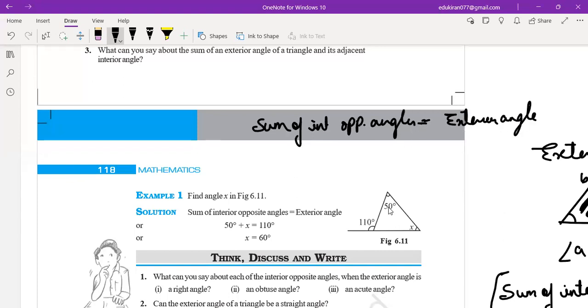So the interior angles are 50 degrees plus x, equals 110, the exterior angle. You will write x only. Then x will be here and it will be 110 minus 50 degrees. When you solve it, your x will be 60 degrees. That's it. From here, you have to find the value of x.